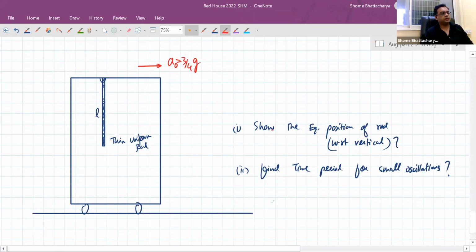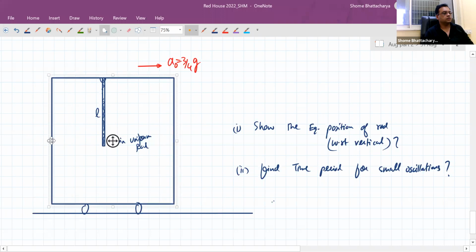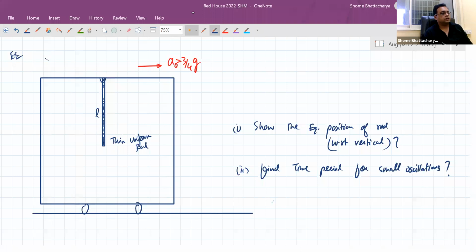Now let's find the time period. So again, we have to show the equilibrium position of the rod with respect to the vertical. Just assume that this is long enough. Okay, just try this out, people.